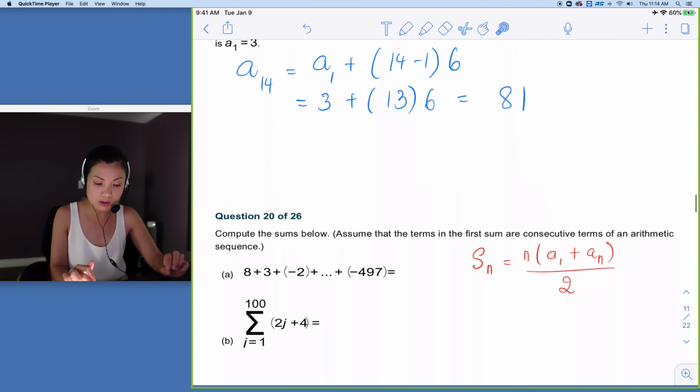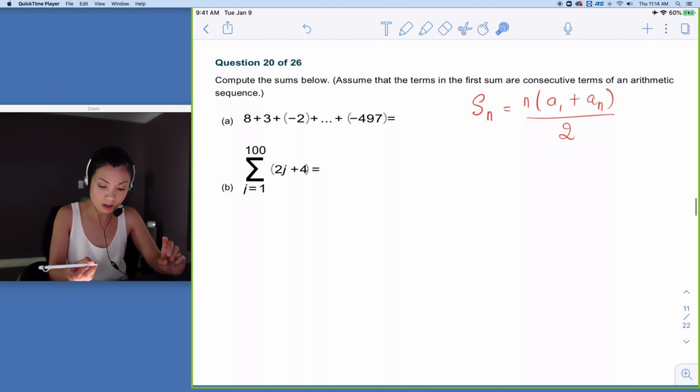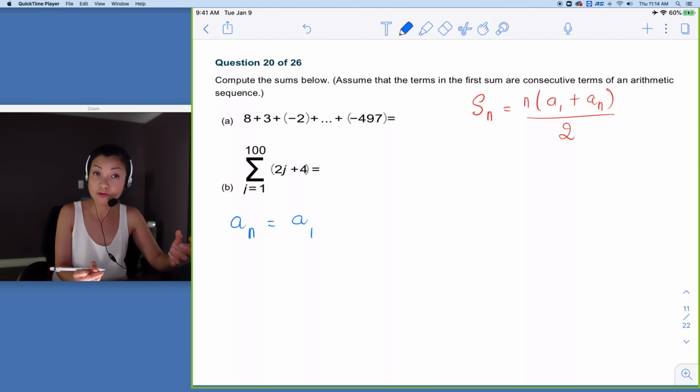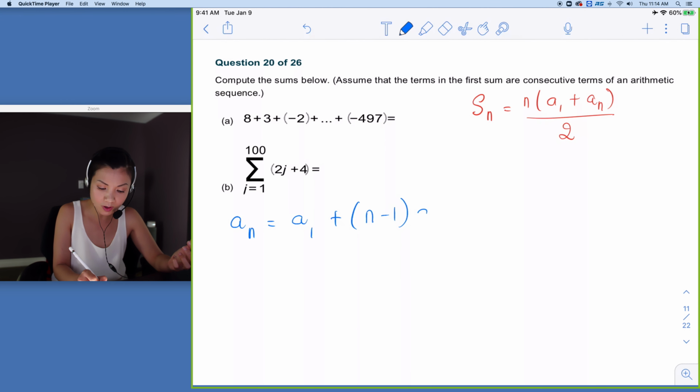I can use the original formula for an and figure it out. So we have an, we have a1. We're looking for n here, right? And we have d. You can figure out d.